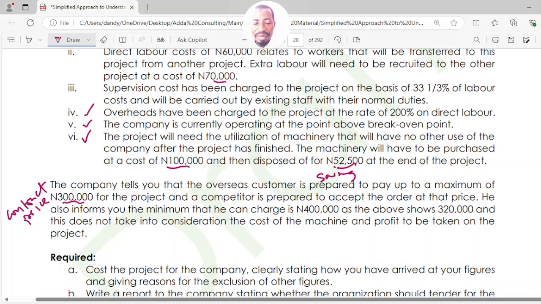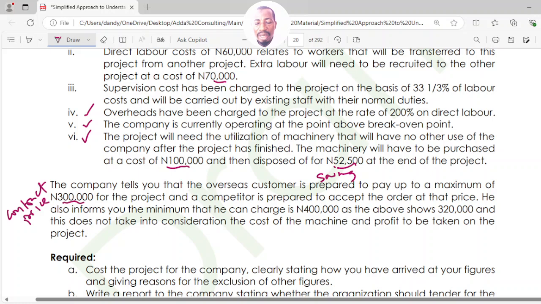What this paragraph is telling us is that the overseas customer is willing to pay only 300,000 naira. However, the company wants to charge the customer 400,000 naira, and even the 400,000 naira does not include the cost of the machinery of 100,000 naira and the profit to be earned on this project, because the company is currently operating above break-even point.